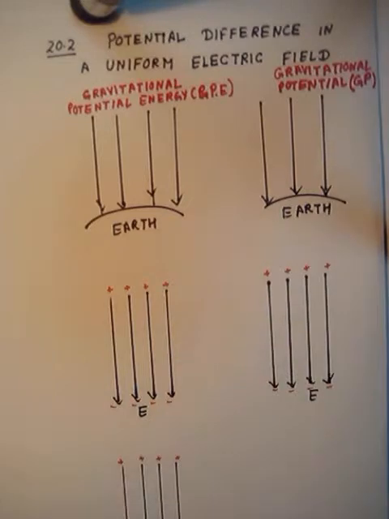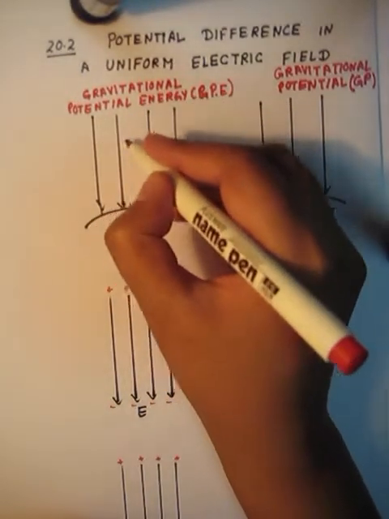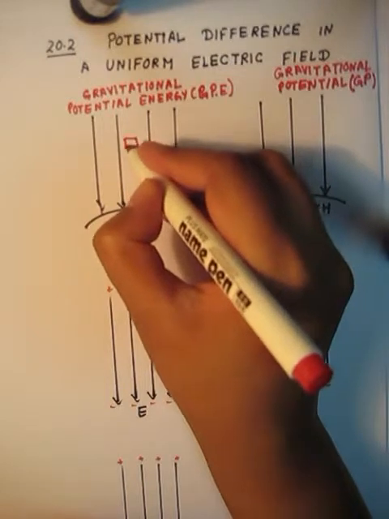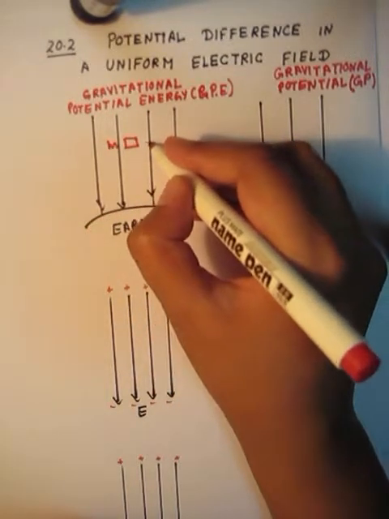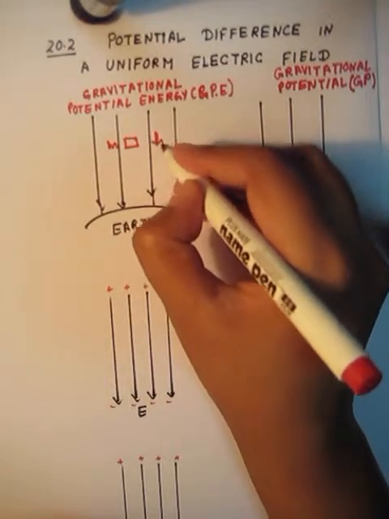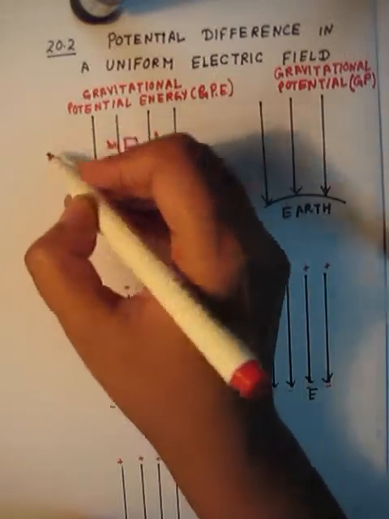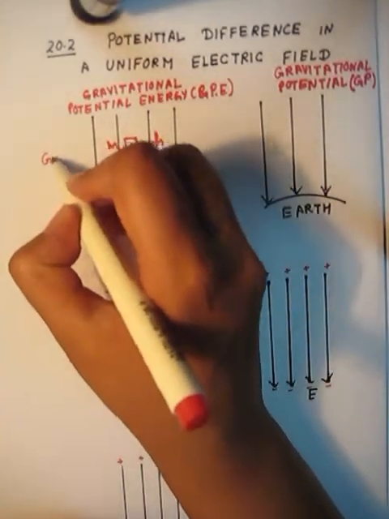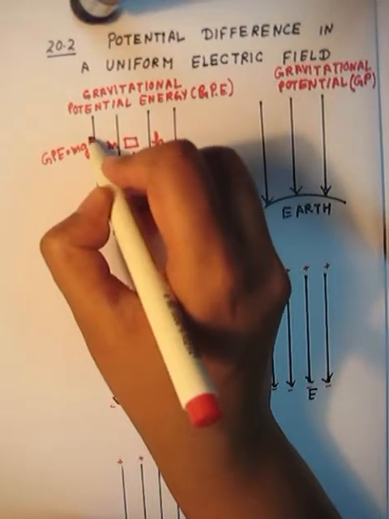Now, in order to understand gravitational potential energy, you are all very well aware that if there is a mass m at any height h from the earth, it will have a gravitational potential energy of mgh.